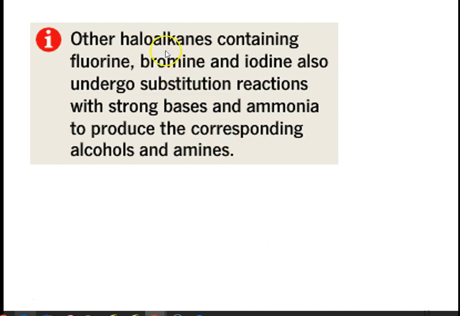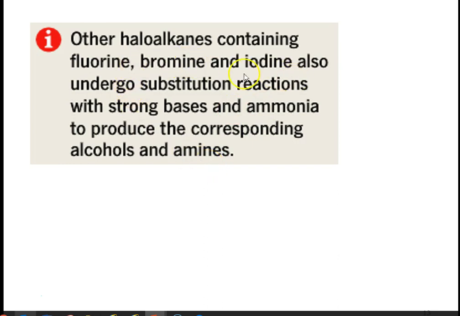So haloalkanes containing, we've been doing it with chlorine, but if they've got fluorine, bromine or iodine, then you can also swap these with the strong base, hydroxide, to make an alcohol, or ammonia to make an amine.